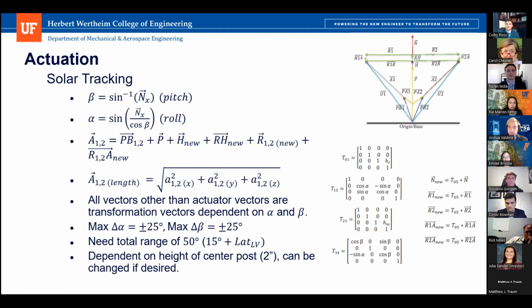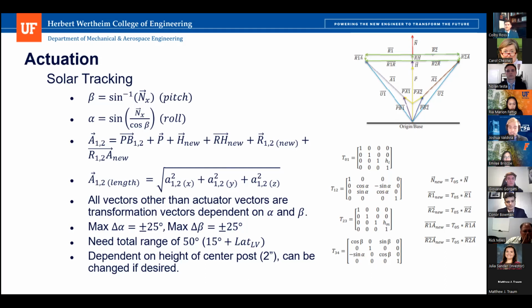So we did a little bit of calculations, doing vector transformations, being able to decide what our center post height would be and what length our linear actuators needed to be, to figure out what our max and minimum angles are going to be. We needed a range of 50 degrees, which is that value.